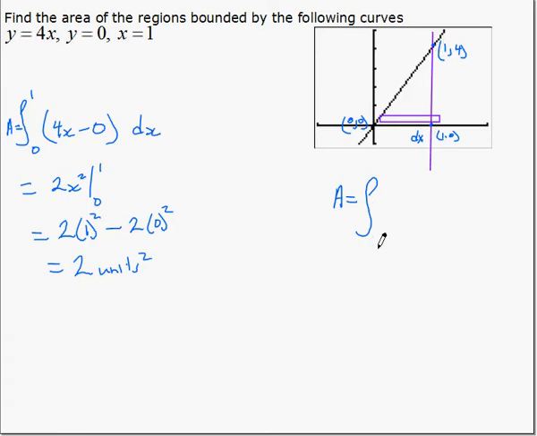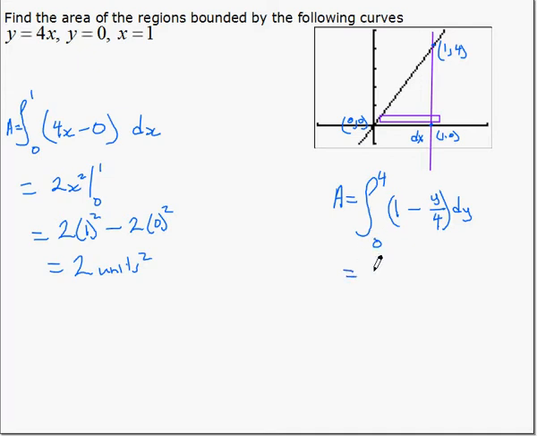It's from 0 to 4. Now we need to solve this for x, so it's x equals y over 4. That's the left side. So the right side is 1 minus the left side, which is y over 4. And that needs to be with respect to y.